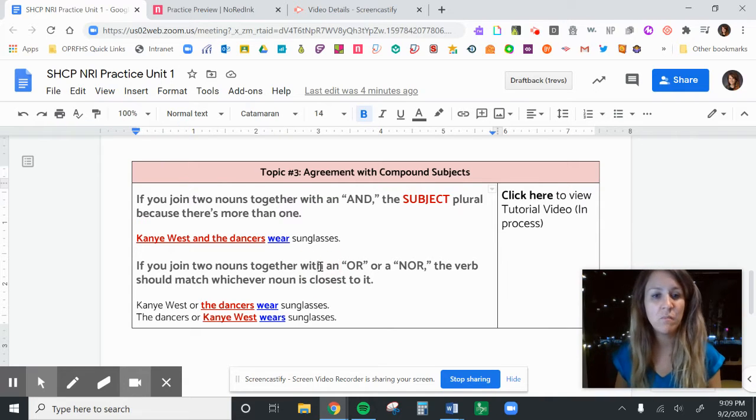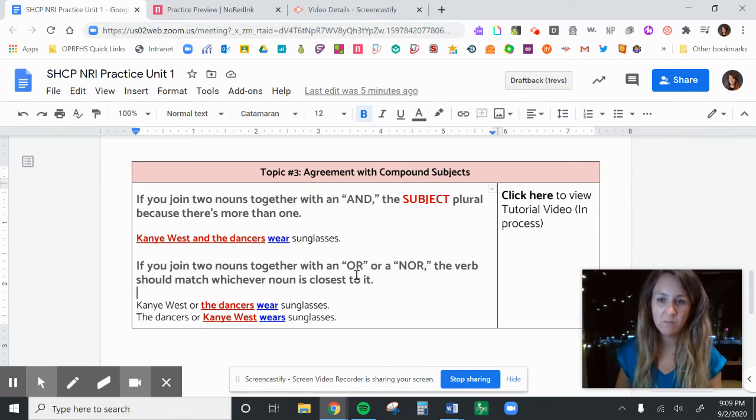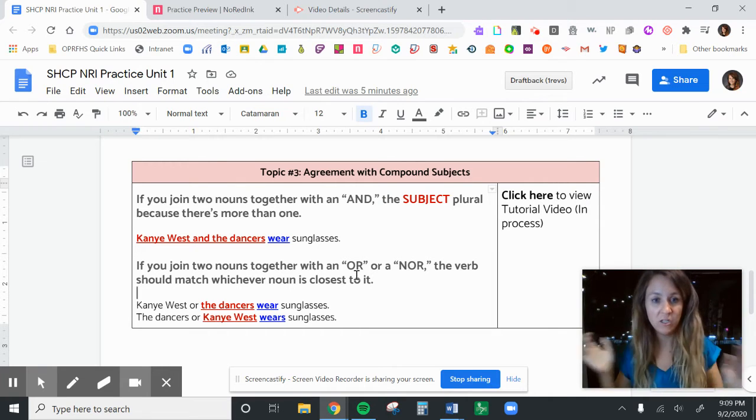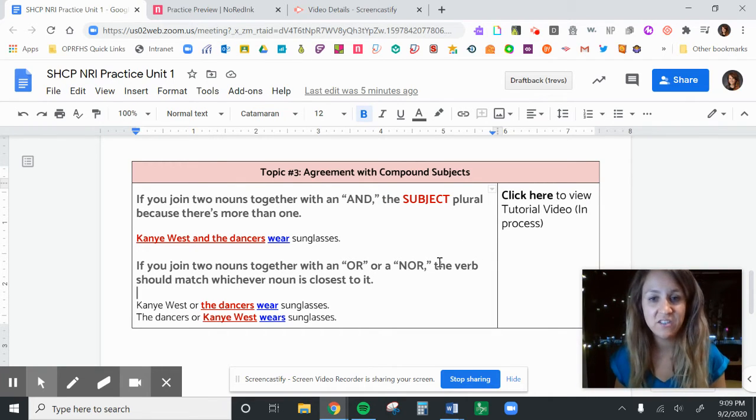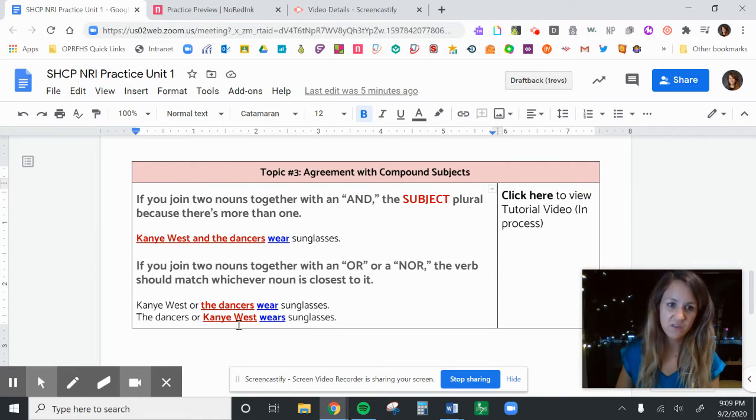The thing that's a little bit more tricky is if you join two nouns together with an or a nor. The or kind of symbolizes this or that. So it might not be plural. So in that case, the verb should match whatever noun is closest to it. So two examples for this.